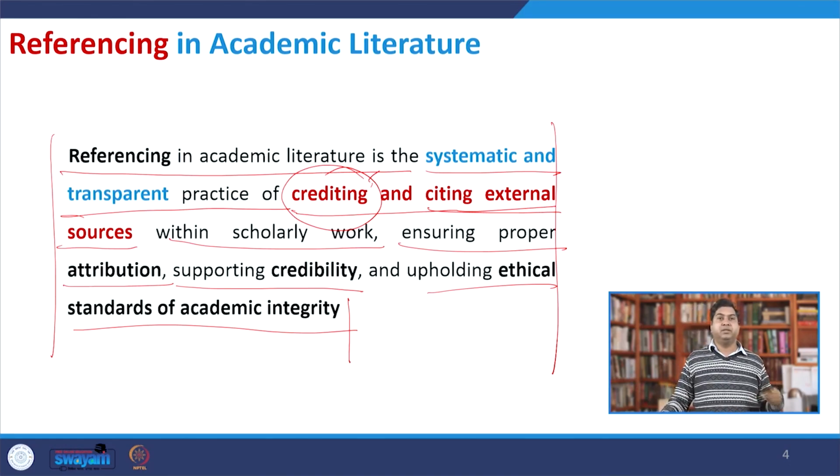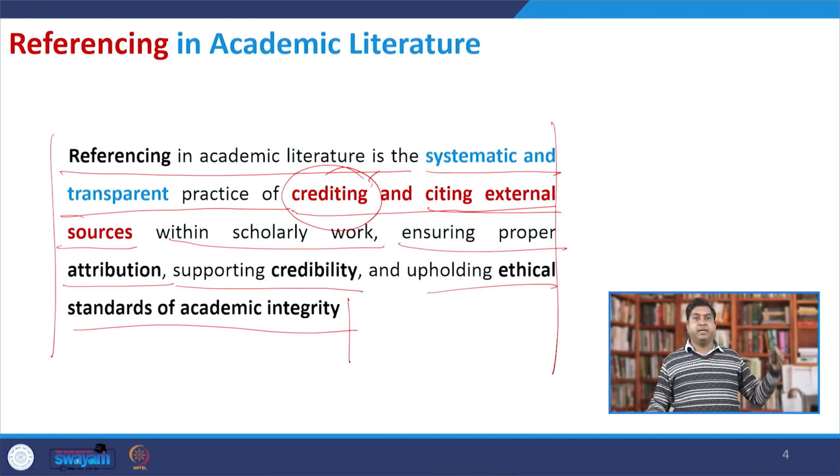Credibility: the moment you have a paper that is properly cited, there is a logical way in which you wrote the paper with proper referencing, and even citing good articles improves the readability of the paper. Many times, when we review papers, apart from looking at the content, we also look into the references, whether the work that the researcher referred to is from good quality journals or from very substandard conferences or something like that.